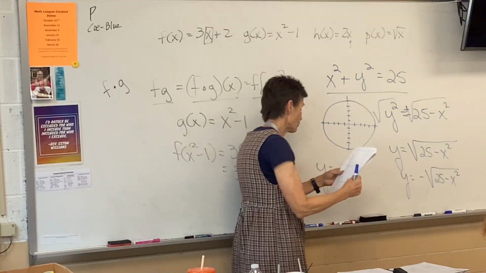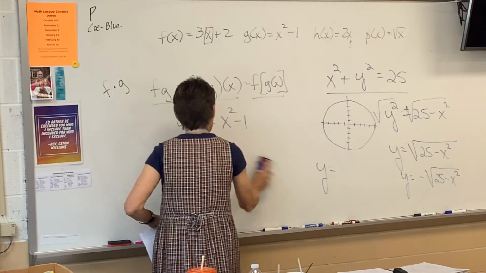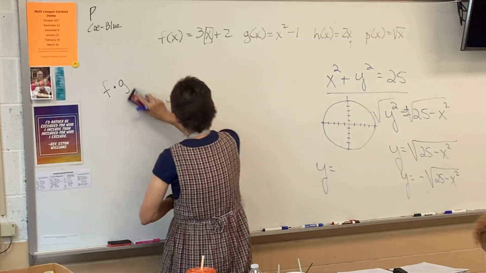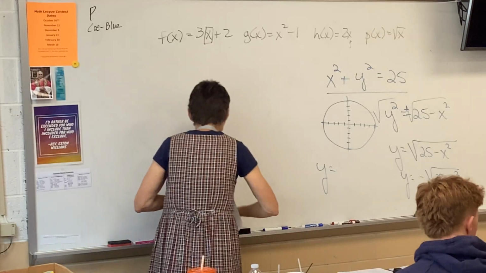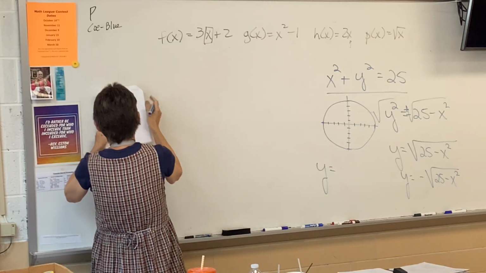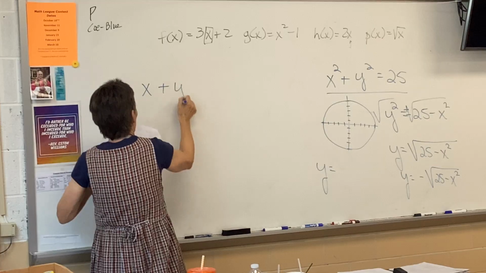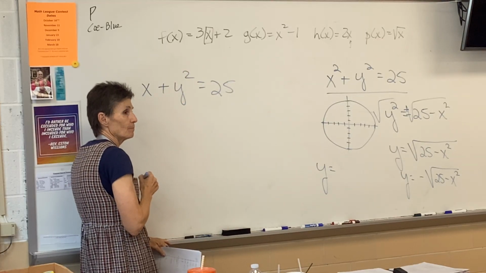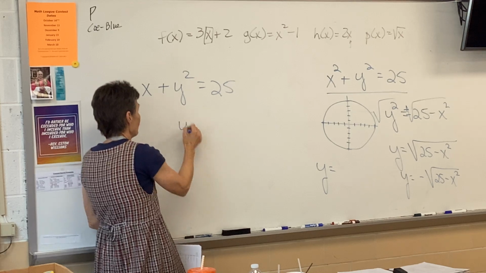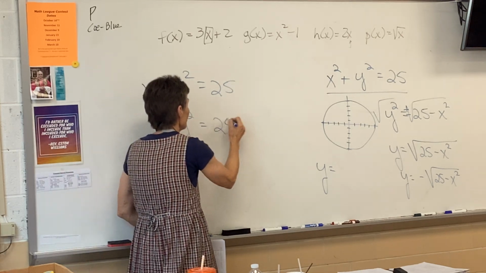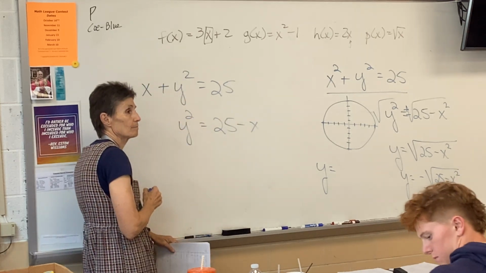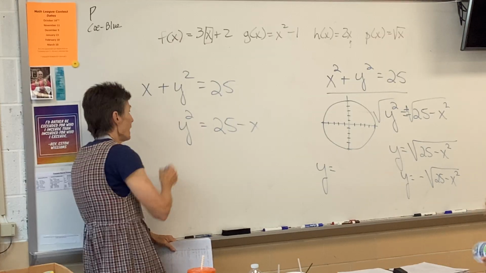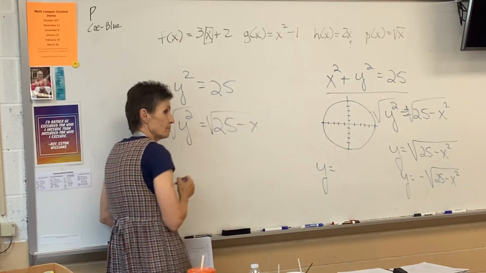All right, let's try the next one. This is not a function. You cannot put it into your calculator. So, what are we gonna do? It's not a circle. I'm gonna leave y, take x over, and then square root.